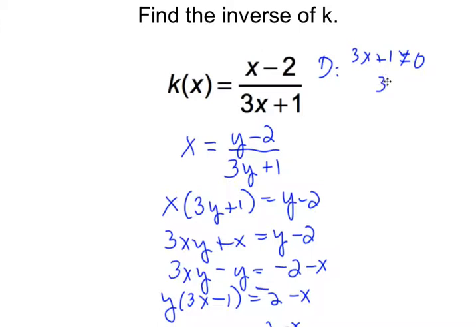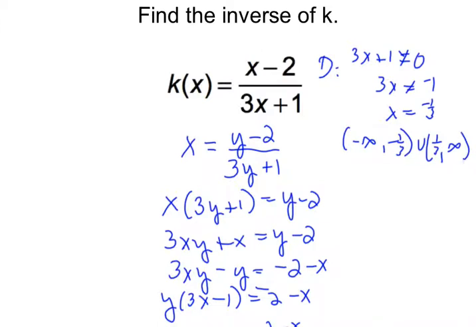So solving this, 3x is not equal to negative 1, or x is not equal to negative 1/3. So my interval notation would be from negative infinity to negative 1/3, excluding that, and then from negative 1/3 to positive infinity. The range is harder to figure out.